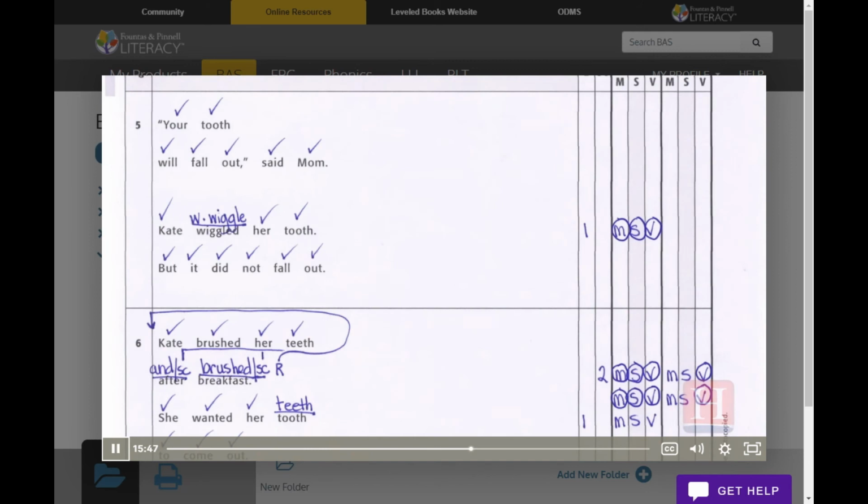Would that error make sense in the story? Yes, this story is about teeth. Syntactically, could we use "teeth" for "tooth" in the sentence? Yes. Are there visual similarities between the words? Yes. So for this error, circle M, S, and V because all three sources of information were used.